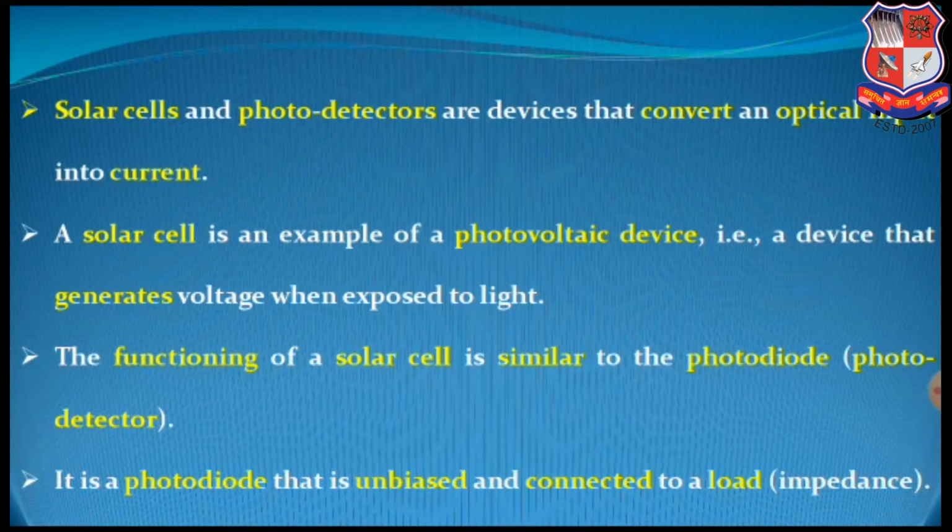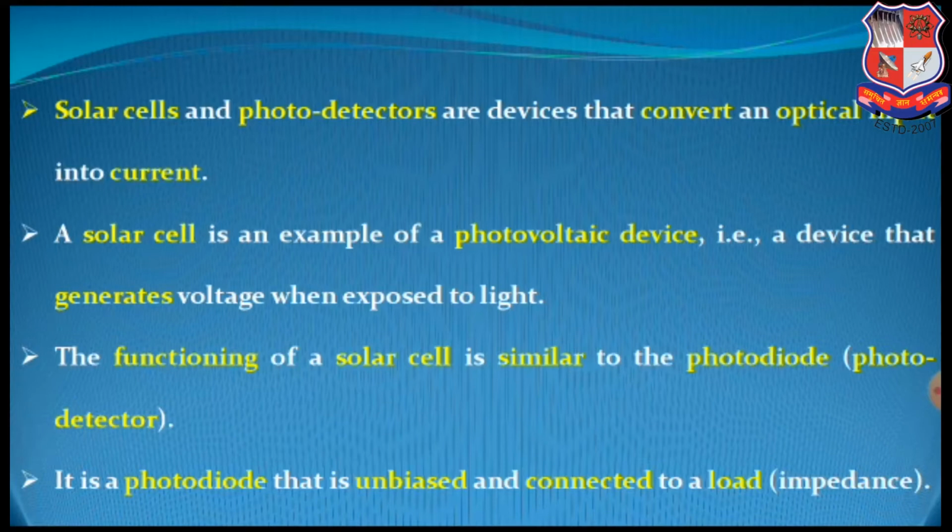A solar cell is an example of a photovoltaic device, that is, a device that generates voltage when exposed to light. As discussed earlier, the functioning of a solar cell is similar to a photodiode, the photodetector. It is a photodiode that is unbiased. This is very important.